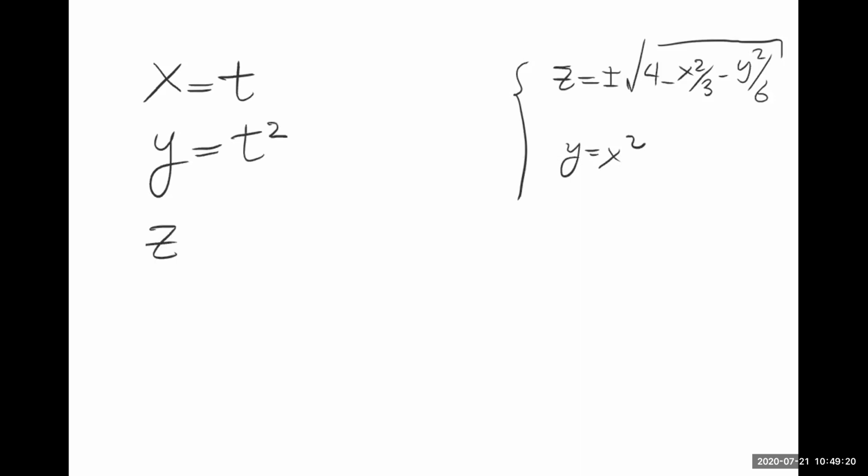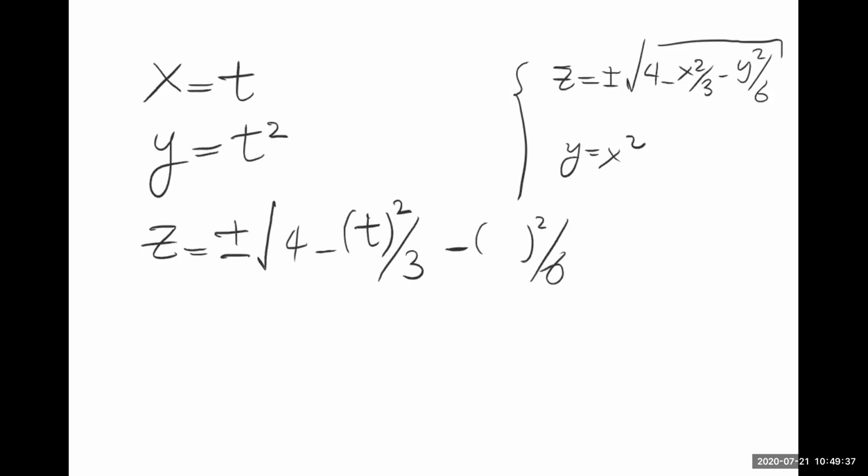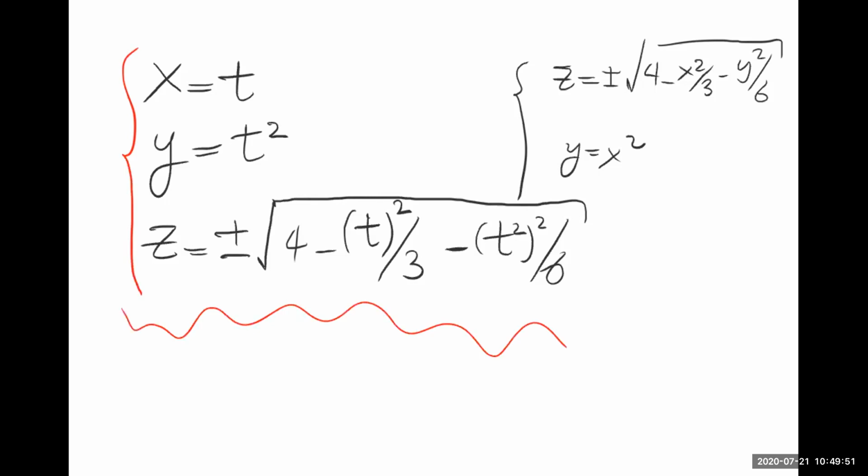What about z? z is plus or minus square root of 4 minus x squared over 3. But what is x? x is t. So it would be t squared over 3, minus y squared over 6. What is y? Well, y itself is t squared, so it would be t squared squared over 6. And that would be the parametrization of this curve. What we have here is the parametrization.